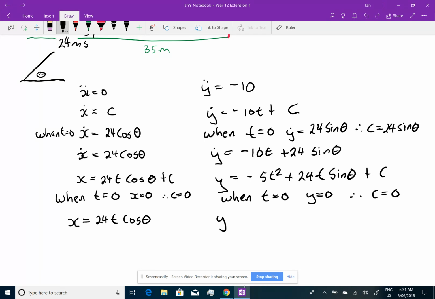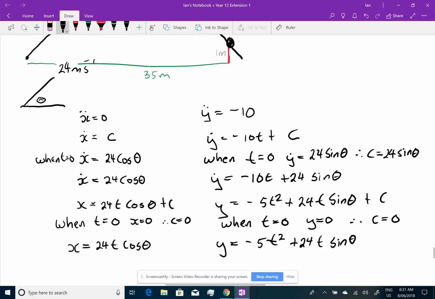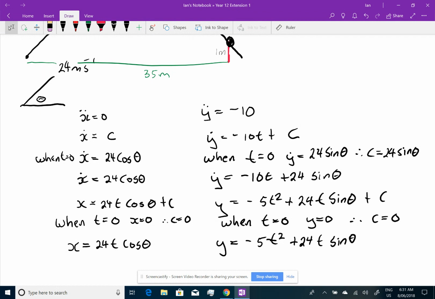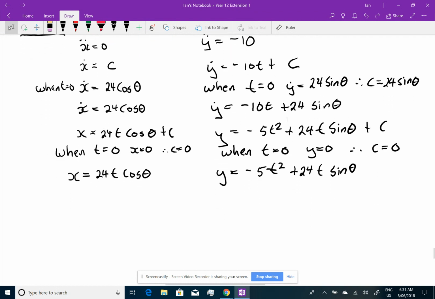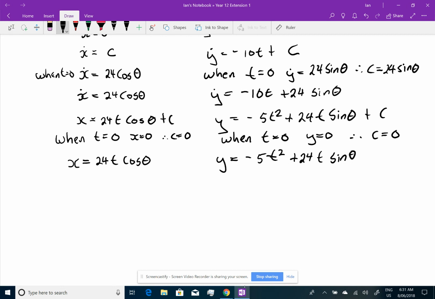So my y is minus 5t squared plus 24t sine theta. So we've got to find this theta. And we look at this and we go, well, what do we know? We know that to hit the target, it's got to travel horizontally 35 metres. So we're going to find t when x equals 35.